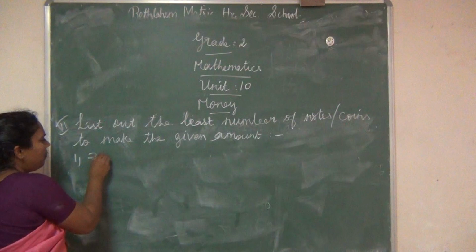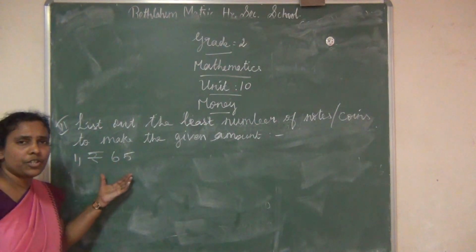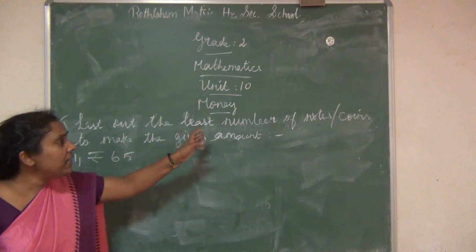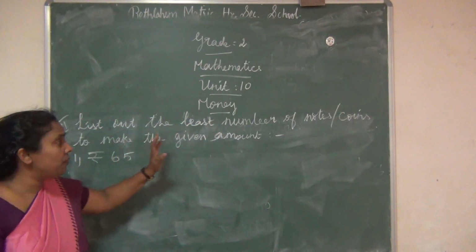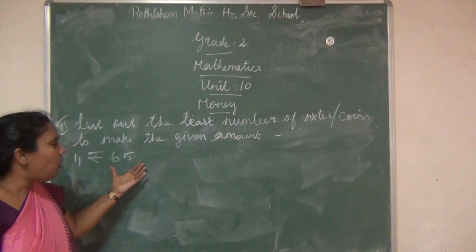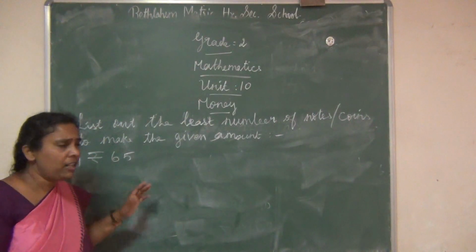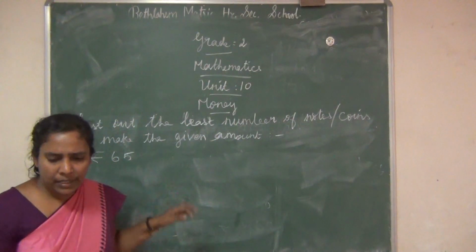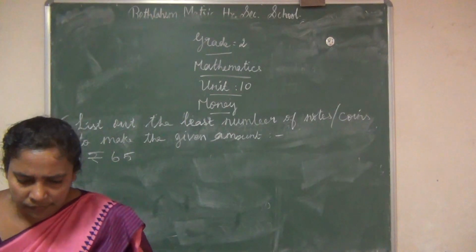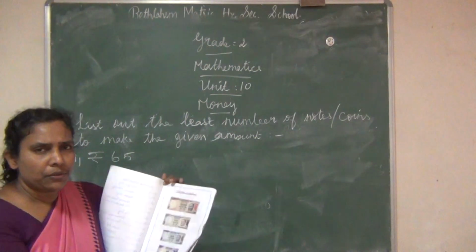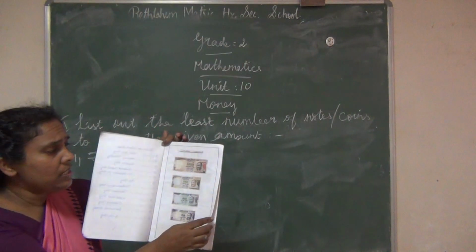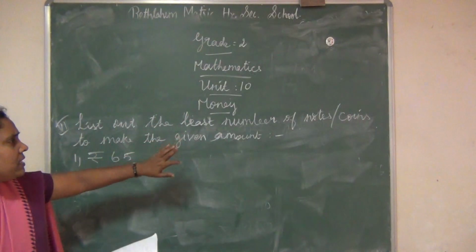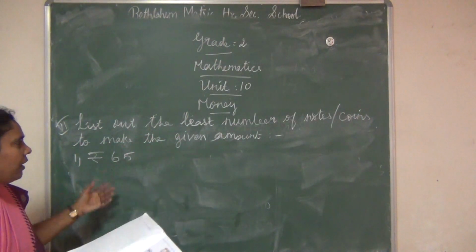The first one is rupees 65. The question is rupees 65. Read the heading. What is given? List out the least number of notes or coins to make the given amount.